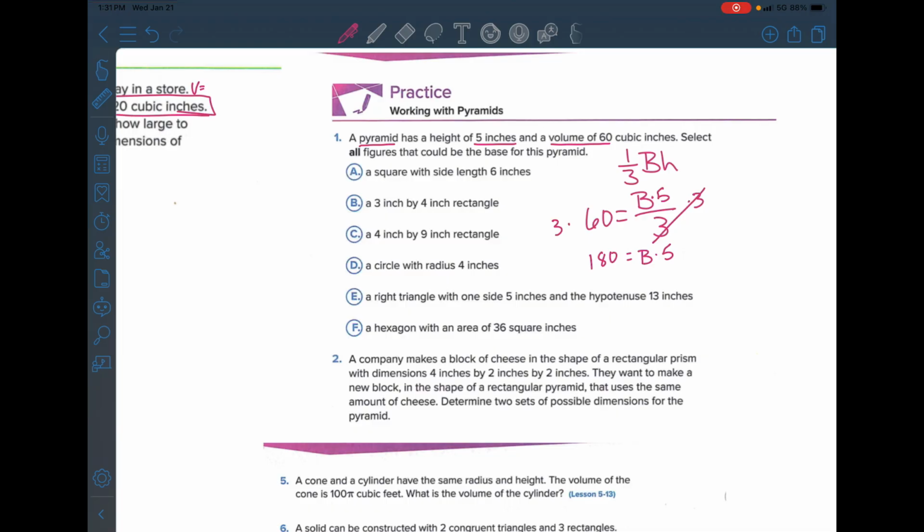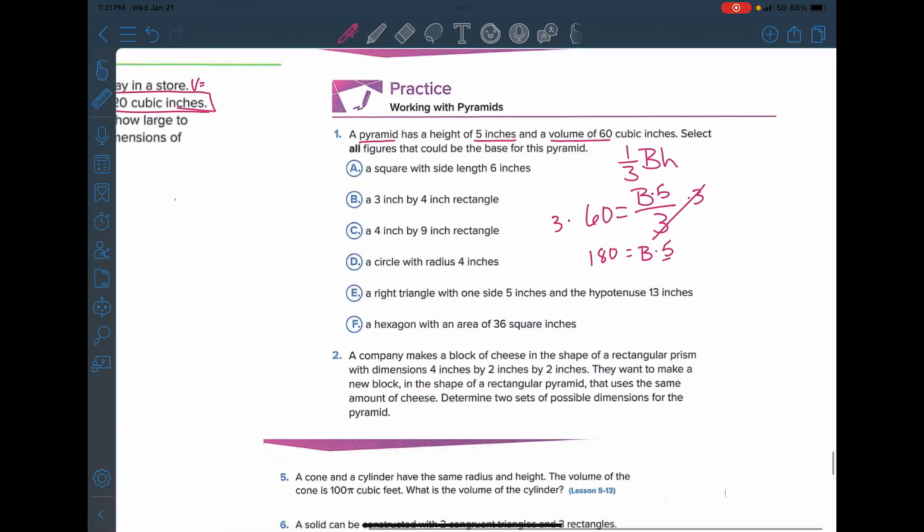And now we have to divide by 5. 180 divided by 5 is 36. That's capital B.